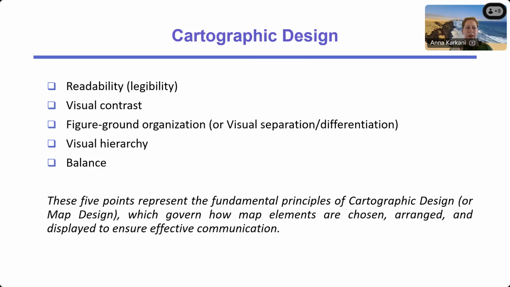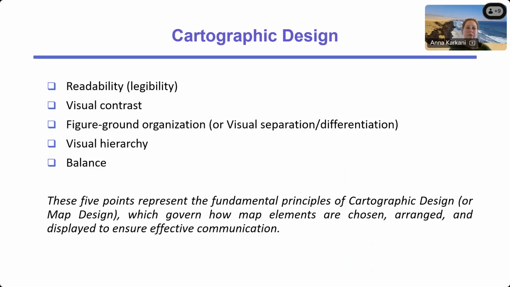And there are 5 points that we consider fundamental principles of cartographic design or map design, whatever you want to call it. It has to do with how we choose the different map elements that we use, how we arrange them, and how we display them in order to have an effective communication of the topic that we're trying to show on our map.